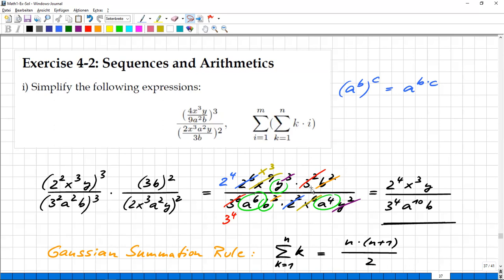Let's look at this. 3 squared is contained in 3 power 6. 6 minus 2 is 4 again, so 3 power 4 remains here in the denominator, as you see. Also, this is y squared, y cubed. So crossing out, I keep a factor of y here, which remains. And that was the violet color.